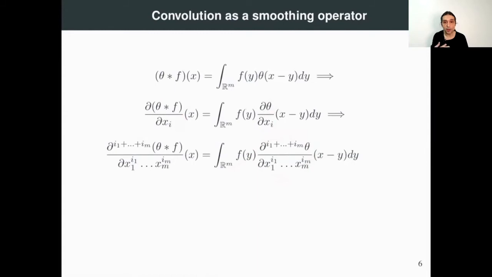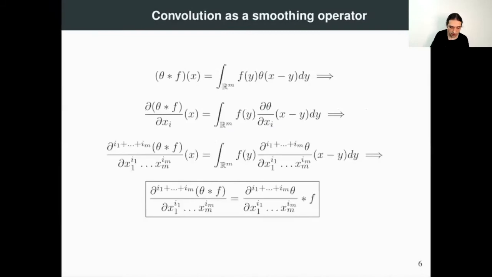And again, we are using finitely many times, namely the sum of the i_j's, the theorem that allows us to differentiate under the integral sign. Okay, and so we get this formula.